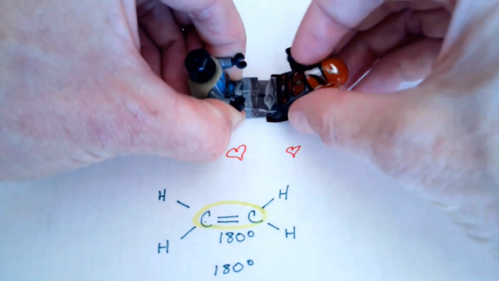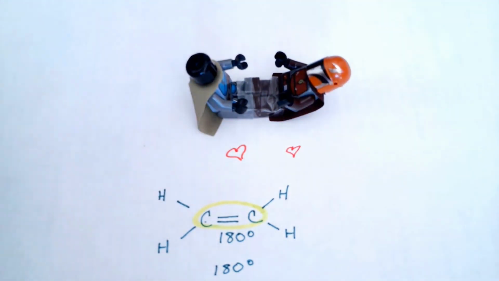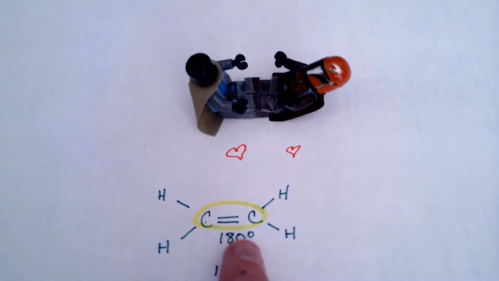What's happening to that shape? Are we retaining the 180 degree bond angle between the 2 carbons when we introduce that second area of localized bonding? And the answer is no.